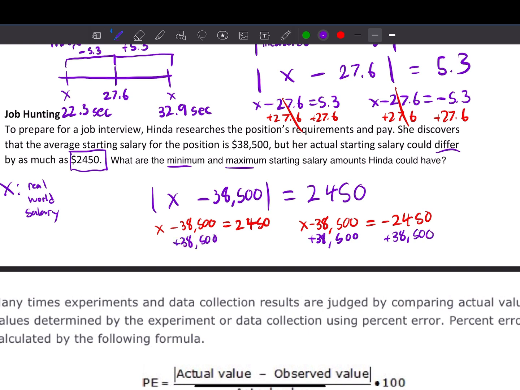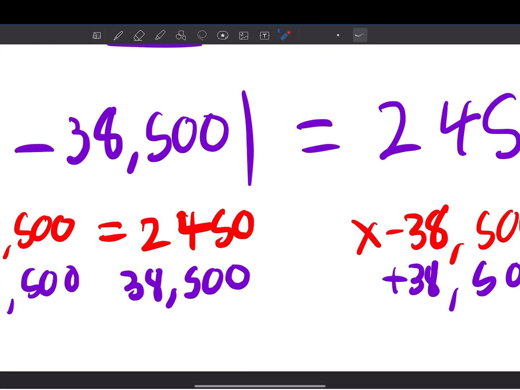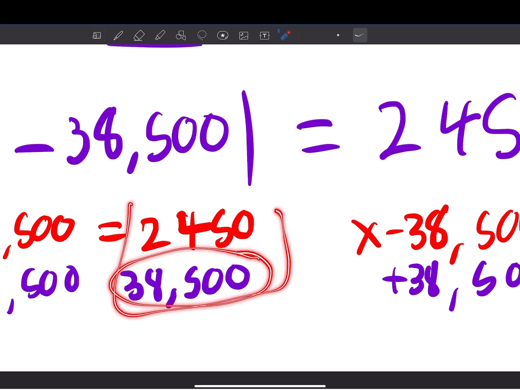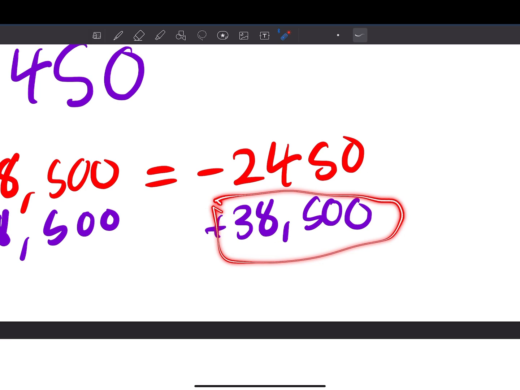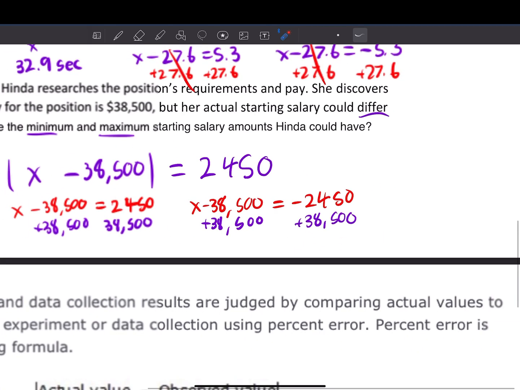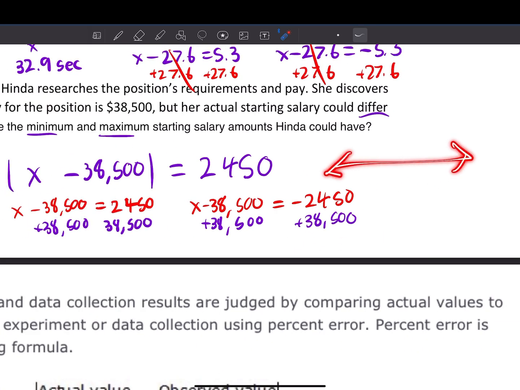So because we're adding 38,500 to both sides, this is just 38,500 plus 2,450, and this one is 38,500 minus 2,450. That's where we get that number line idea: the average, the midpoint, is 38,500, and over here is plus or minus the value of 2,450.